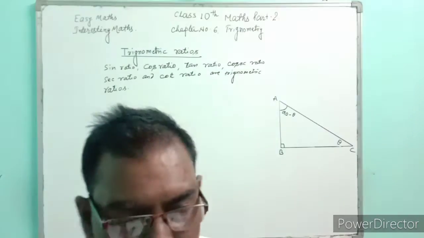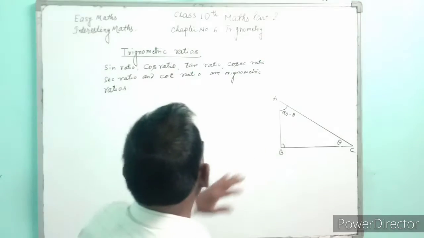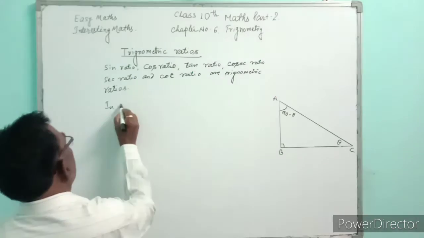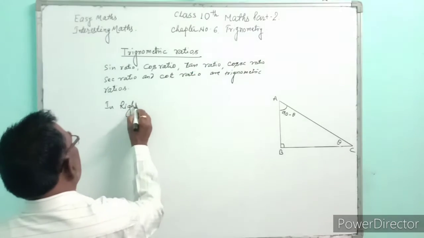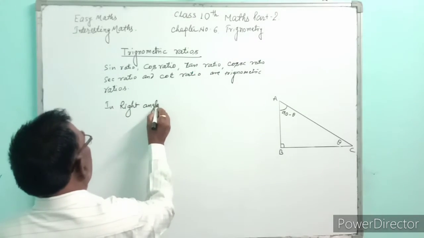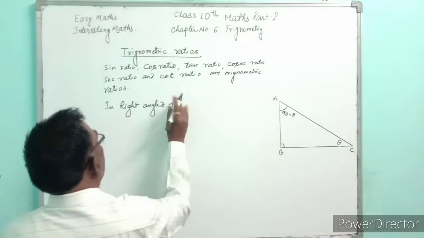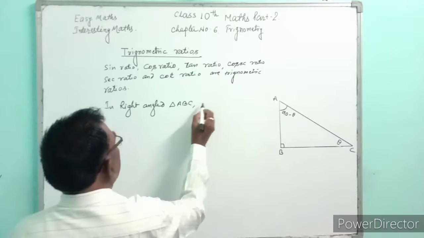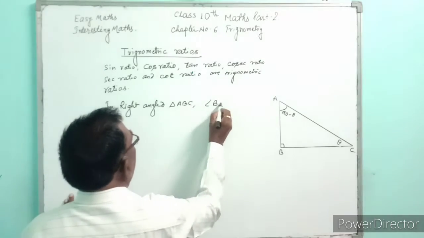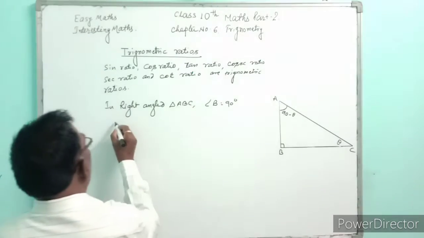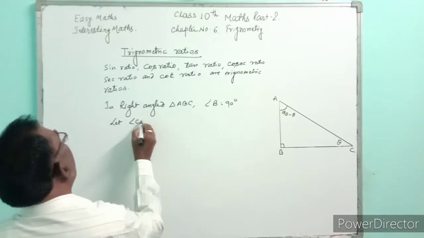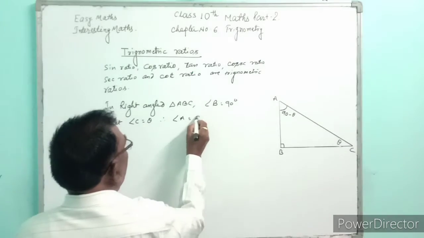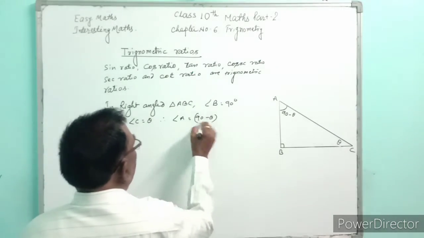We will see the ratios. Now, in right angled triangle ABC, B is equal to 90 degrees. Let the measure of angle C be theta. Therefore, the measure of angle A is 90 minus theta.